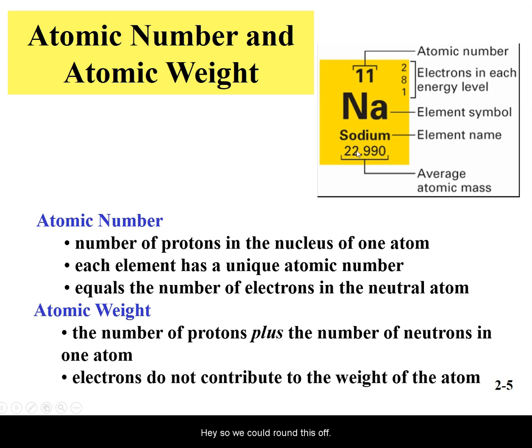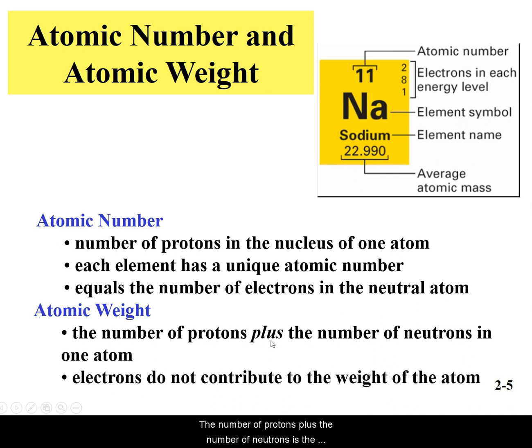Okay, so we could round this off, and so that would be 23. So we know that there are 11 protons in the sodium nucleus. Okay, the atom's nucleus: 11 protons, and then the atomic mass is 23. I'll round it off.